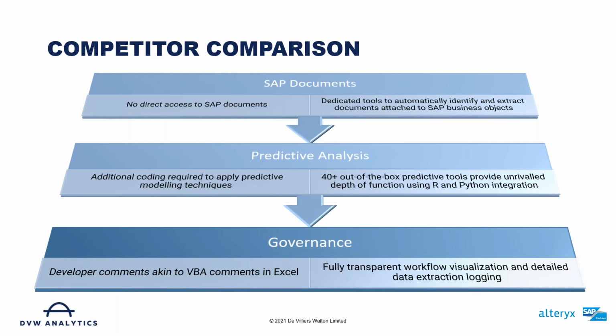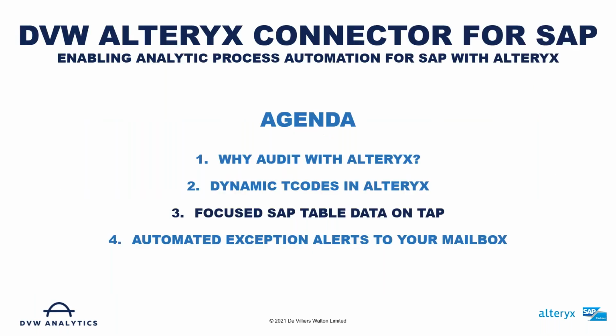So we can say, when the data is extracted, exactly what parameters are being used on what tables or T-codes or whatever it may be, so that the extraction can be audited in itself and we can very easily see what's going on. So it's very much self-governing, and of course on the server side there's lots of governance there. You'll see some of that later.